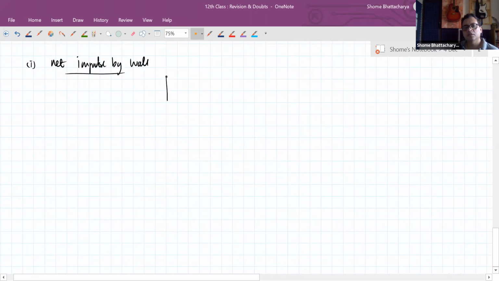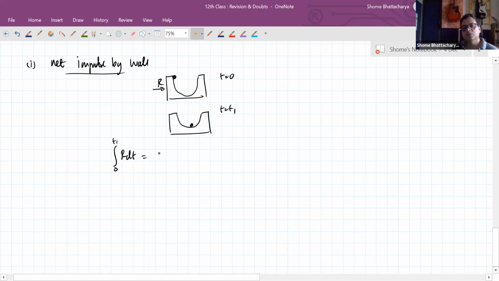so you can see that from this instant till this instant, the wall is applying some kind of force. So if this is some t equal to 0 and this is some t1, the integral of R dt from 0 to t1 is equal to the change in horizontal momentum of the system.